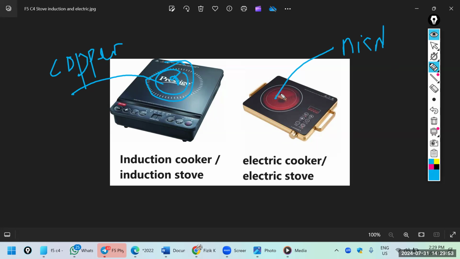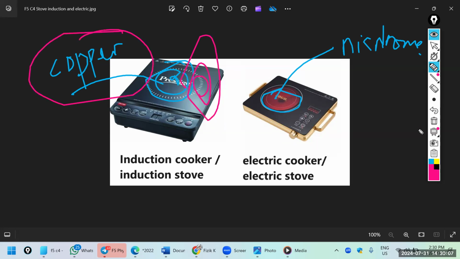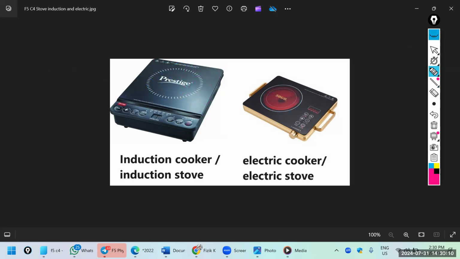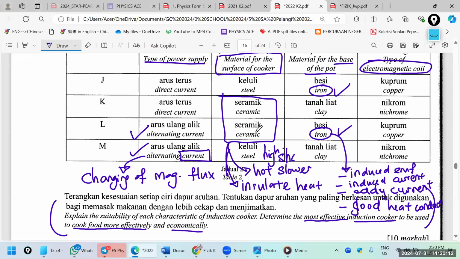Okay, so if this one needs to be hot, yes, we use nichrome. But this one we want more current to flow through so that we get more magnetic flux. Yes, we use copper. Understand? But actually, when we do until here, only one answer, copper, right? So copper, why copper? Low resistance, low resistivity, more current to flow through. All right. So it's almost same as the transformer.